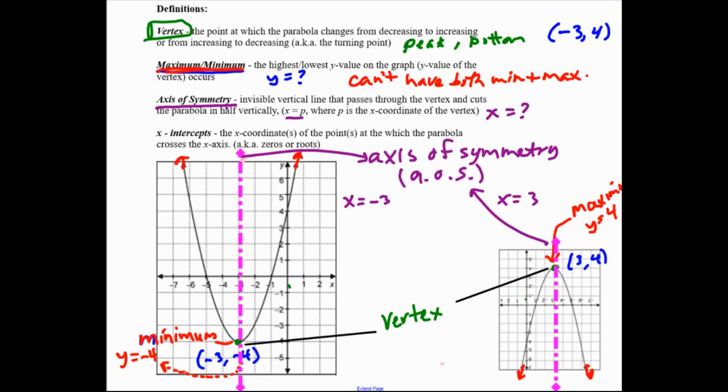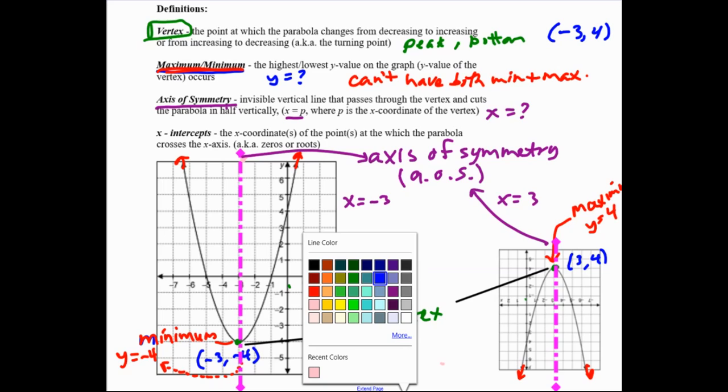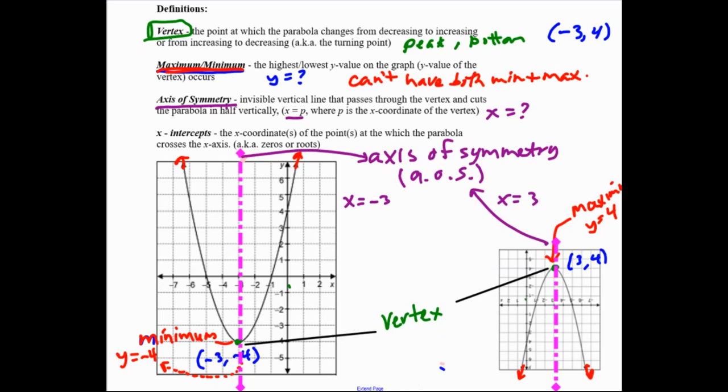Last and very important are the x-intercepts. So maybe we'll pick a different color here. Blue works. The x-intercepts are the x-coordinates of the points at which the parabola crosses the x-axis.